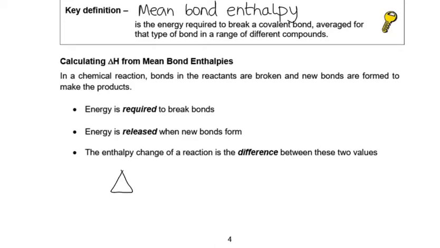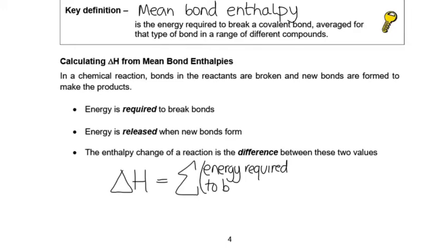So remember that enthalpy change is delta H, because enthalpy is H and the change is the delta. We're going to add up all the energy needed to break the bonds. We're going to use this sigma to represent sum of, and then we're going to have energy required to break bonds.